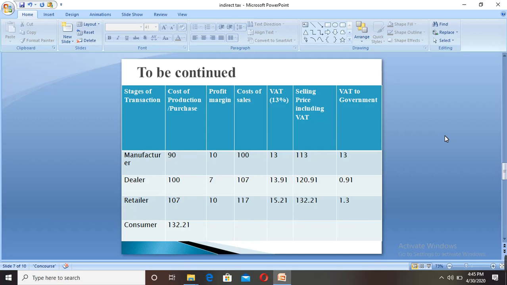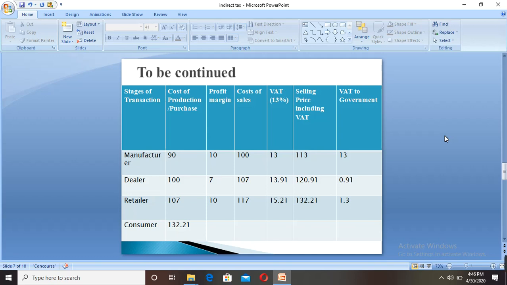Cost of production or purchase of the manufacturer is 90 rupees. The manufacturer keeps 10 rupees as a profit margin. After the profit margin, the rate of that product will be 100 rupees. It is called cost of sales. And one important piece of information is that VAT is always included in the cost of sales, not in the cost of production.